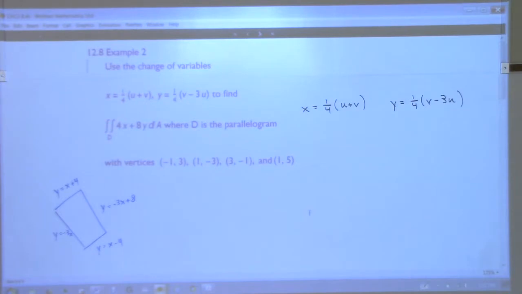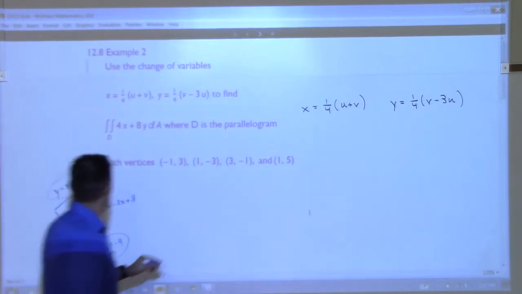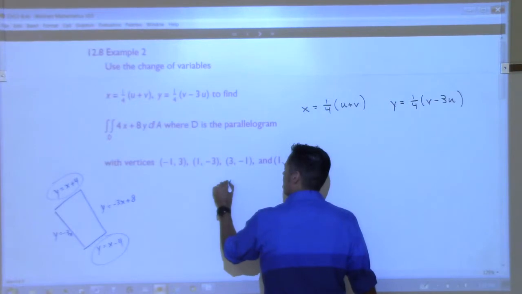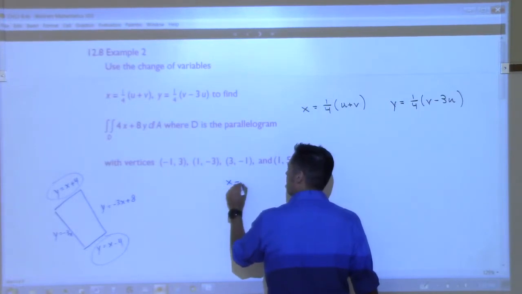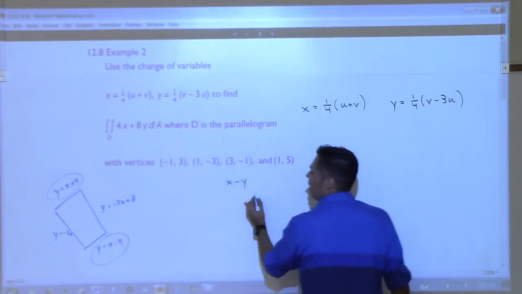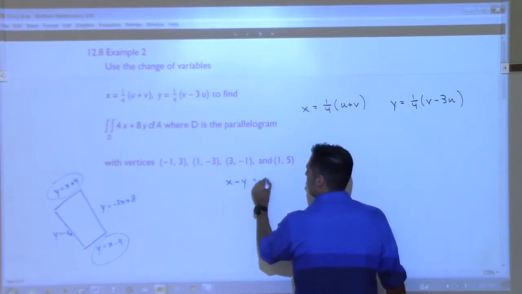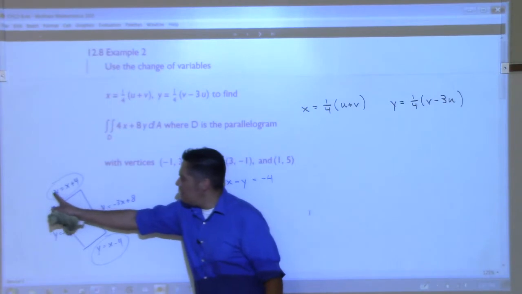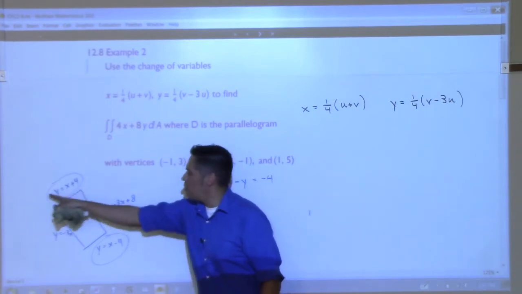Okay? And then what we would notice is this. These two are very similar, aren't they? Almost identical? So let me rewrite this one. Just tell me if you believe this. That's the same as x minus y equals negative 4. Right? So just move the variables to one side. I move the variables this way and move the 4 to the other side.